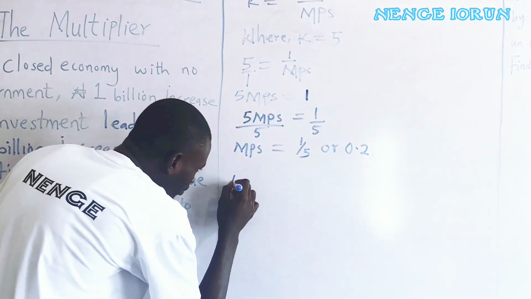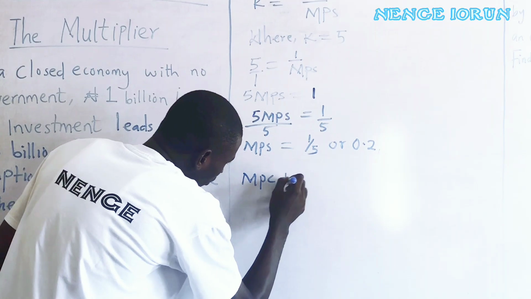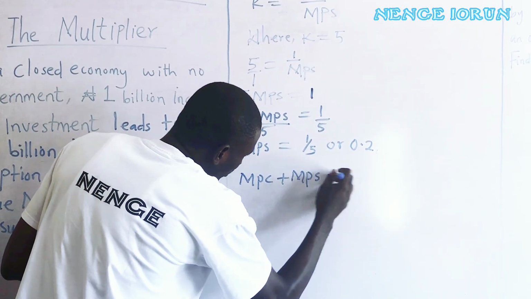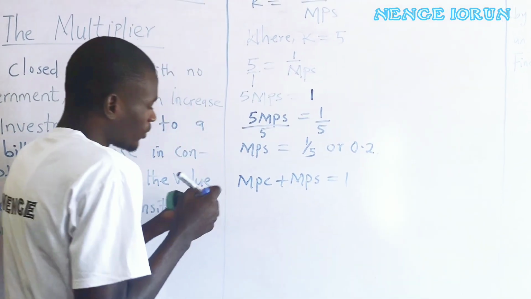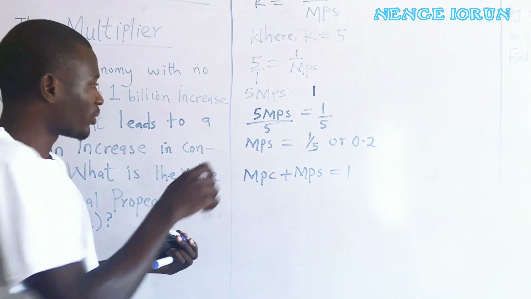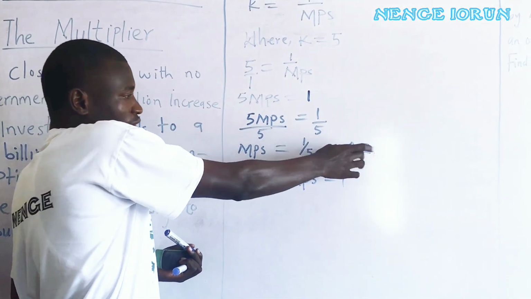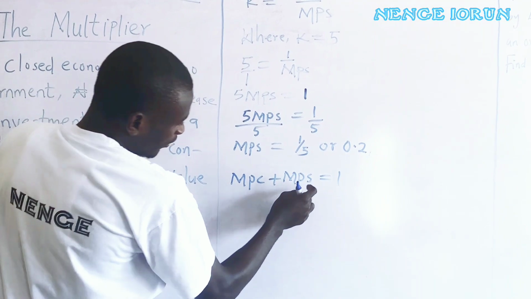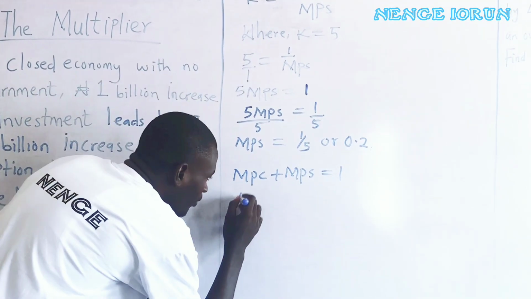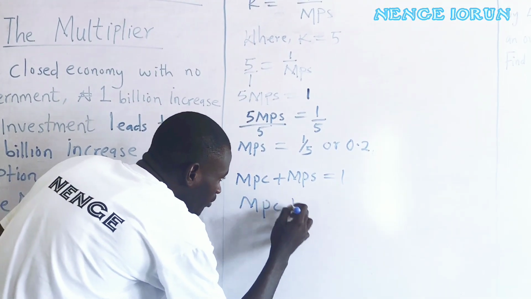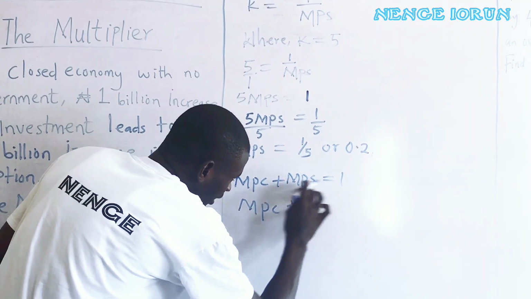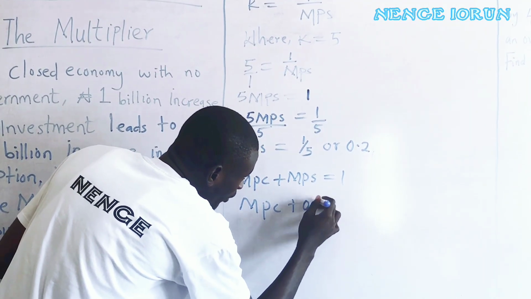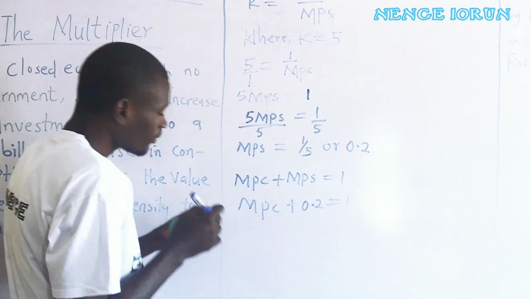So you will have MPC plus MPS is equal to 1. The value for MPS is 0.2, so you substitute it here. You have MPC plus 0.2 is equal to 1.